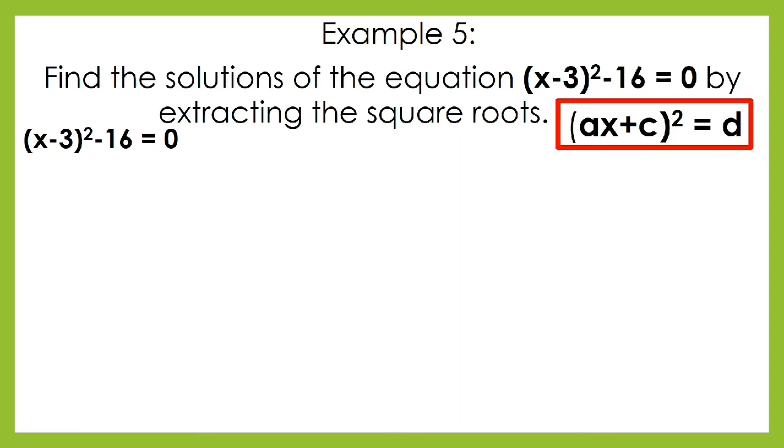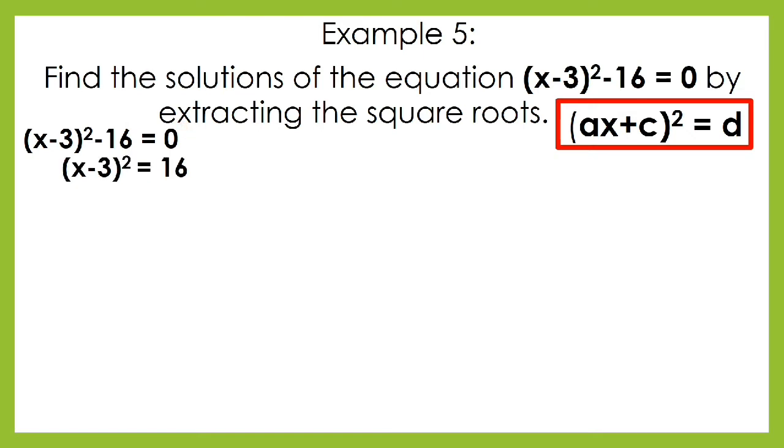Dapat si d, which is the constant, ay nasa right side ng equation. To do that, we will apply the addition property of equality. We will add 16 to both sides of the equation. Okay, o kaya tatranspose natin si negative 16 sa right side.